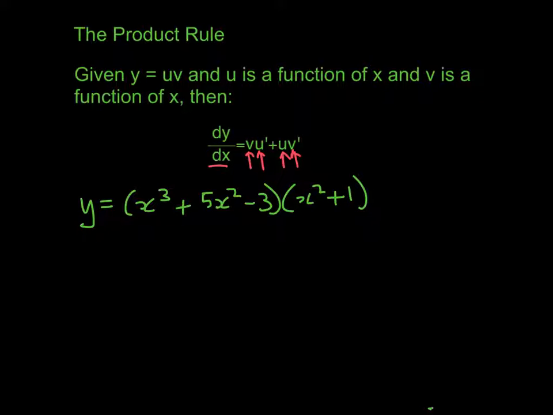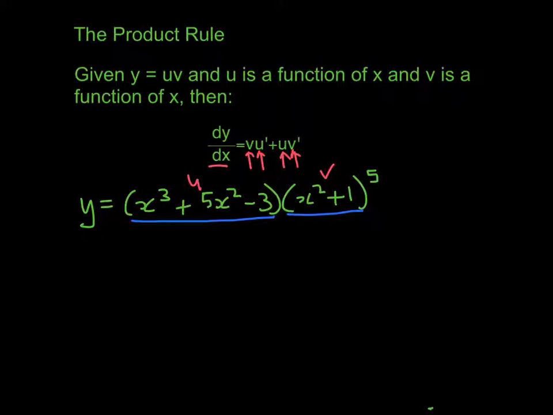Actually, no, we're going to make that to the power of 5. Alright, what we actually have here is two functions of x, this one here and this one here, and we want to be able to find a derivative. So what we do is we label the first function u and the second function v.